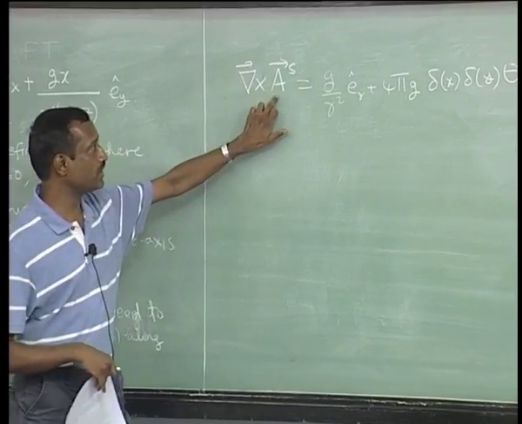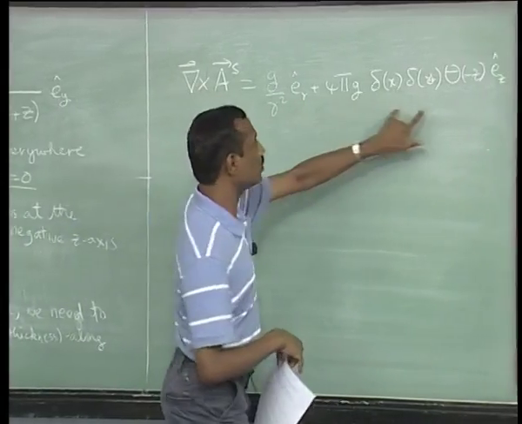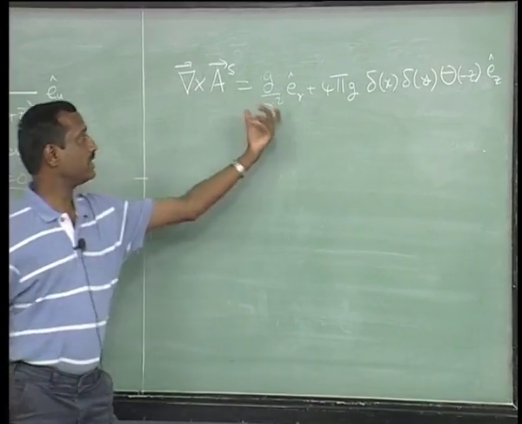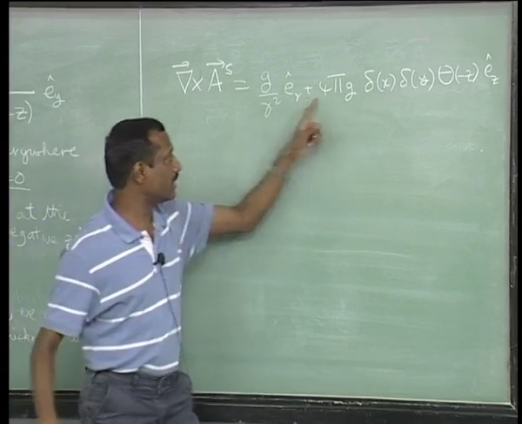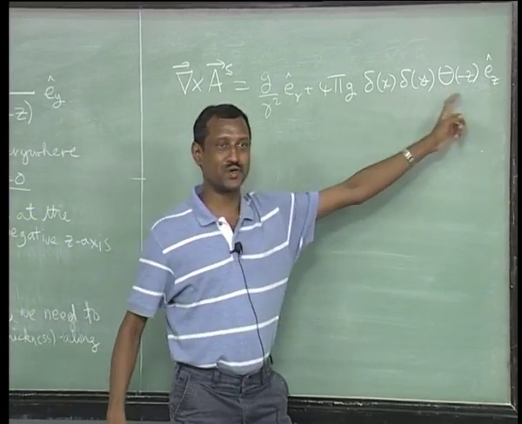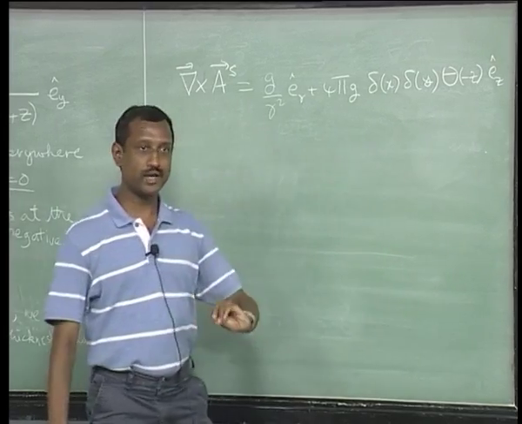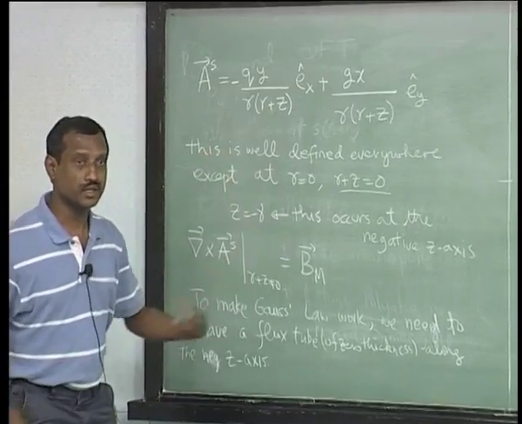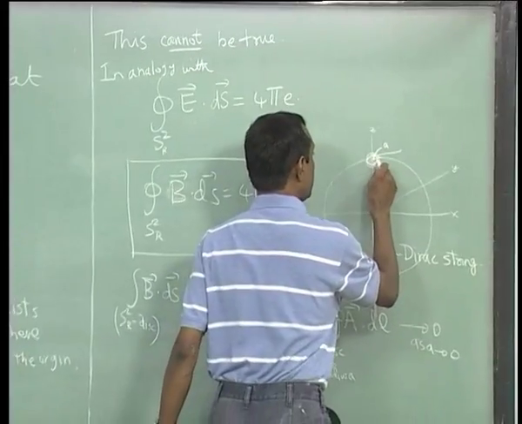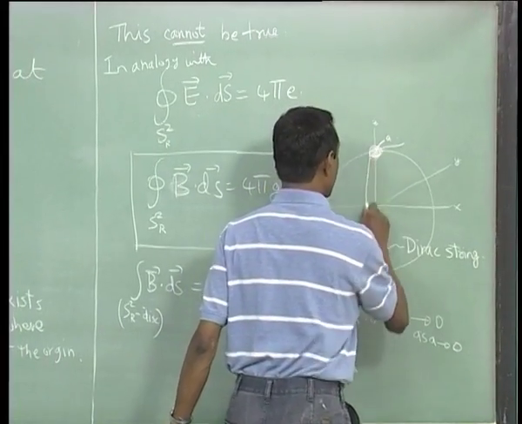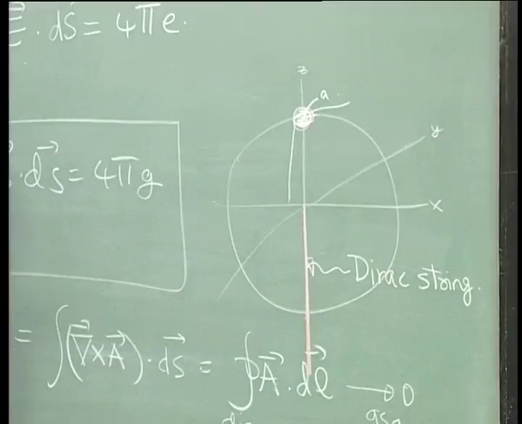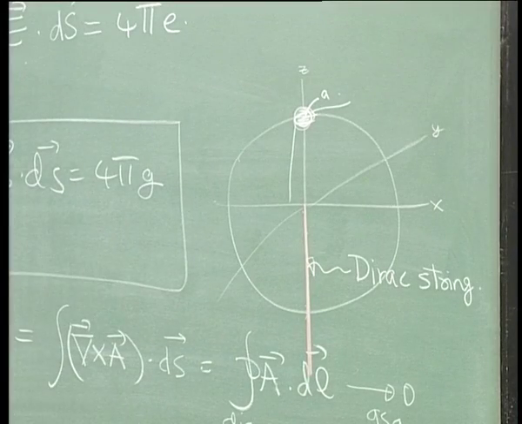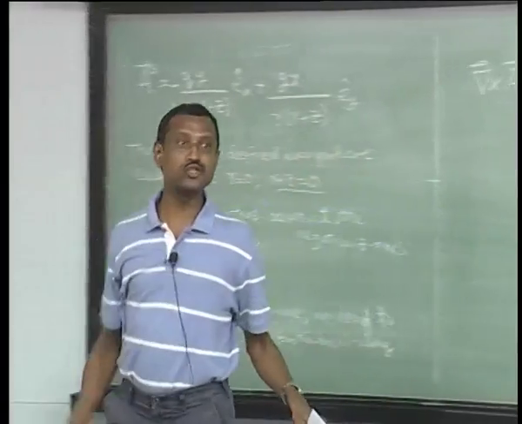So what I am saying is, there are two contributions to del cross A_S. One is it agrees with this everywhere, but along the negative z axis there is this contribution. If you regulate things and do it correctly, it will no longer agree with B in that region, but it will be a perfectly smooth A. So the integral of that over the closed surface will be 0.